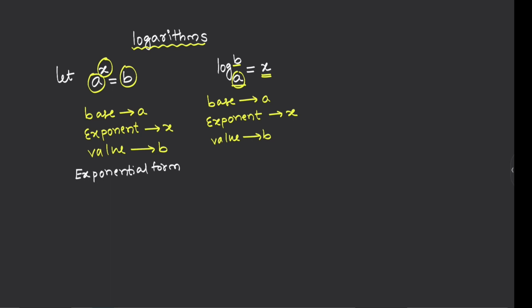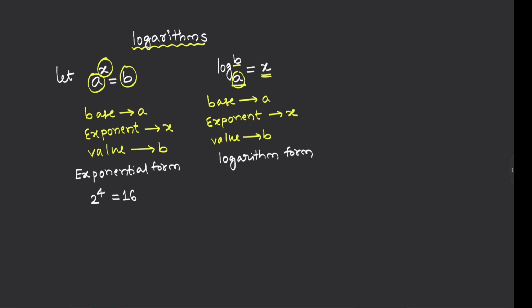To understand better, let's see some examples so that you will get a clear idea. For example, we all know 2 to the power of 4 is equal to 16. What is the meaning of this? 2 should be raised 4 times.